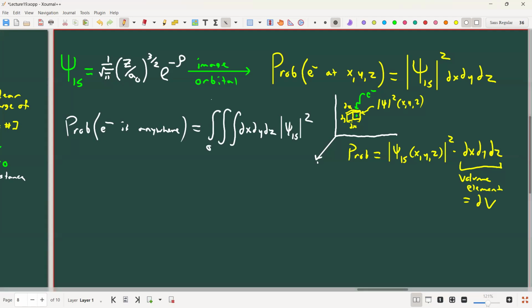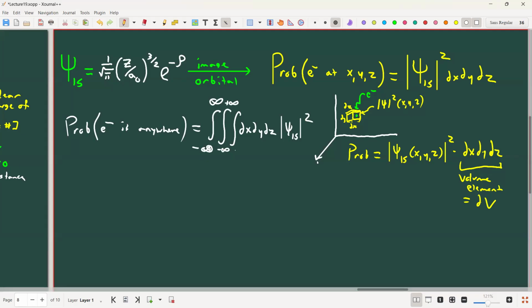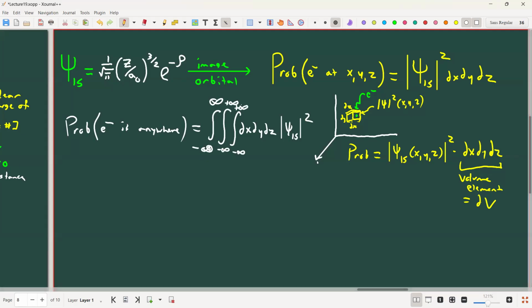From minus infinity to positive infinity. So we need to have that little differential, that little box, so that when we integrate probability across the entire space of the problem, we get one out, right? This needs to be equal to one.